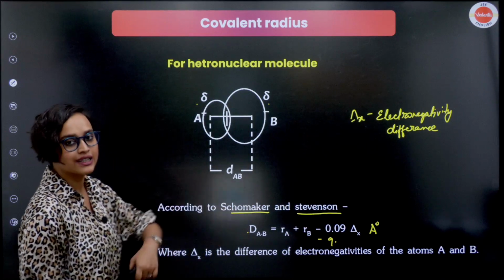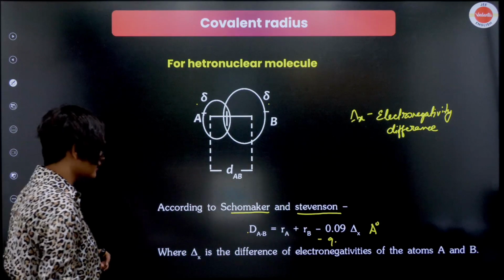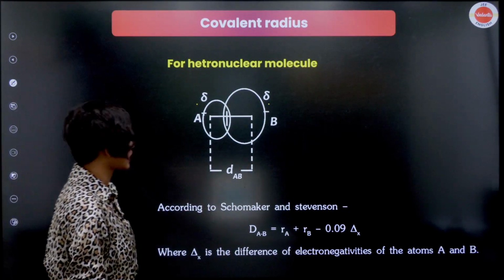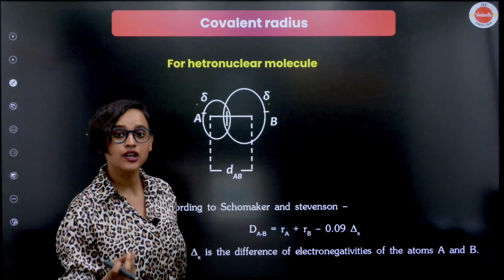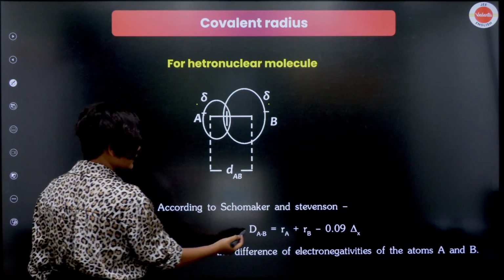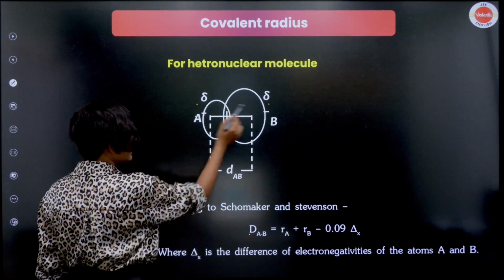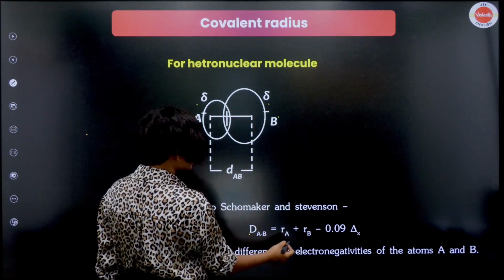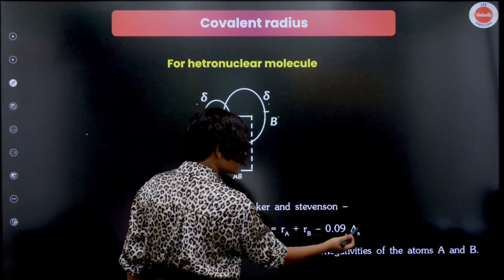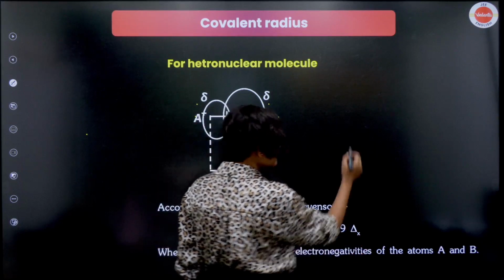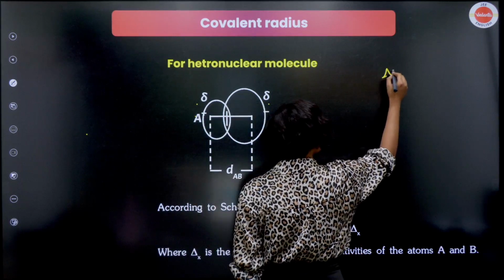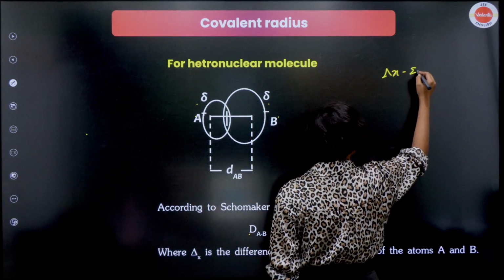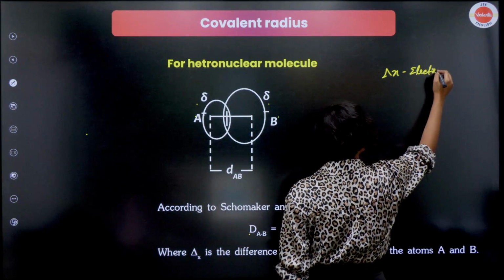Now this was not actually correct. So Stevenson and Schomaker gave a formula where you can write that the distance between A and B is equal to radius of A plus radius of B minus 0.09 delta x. What is this delta x? This delta x is basically the electronegativity difference.